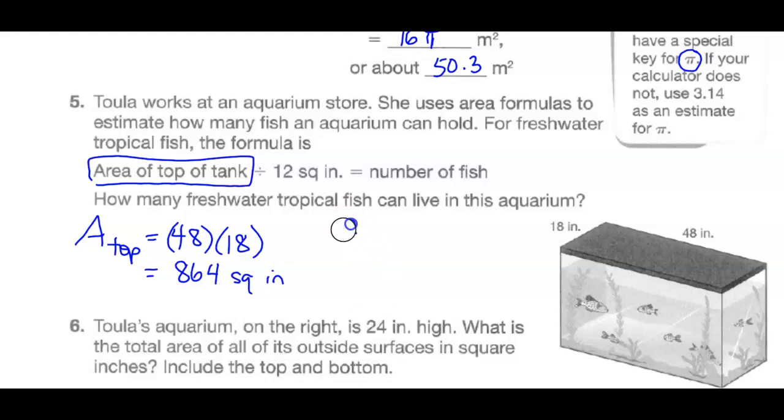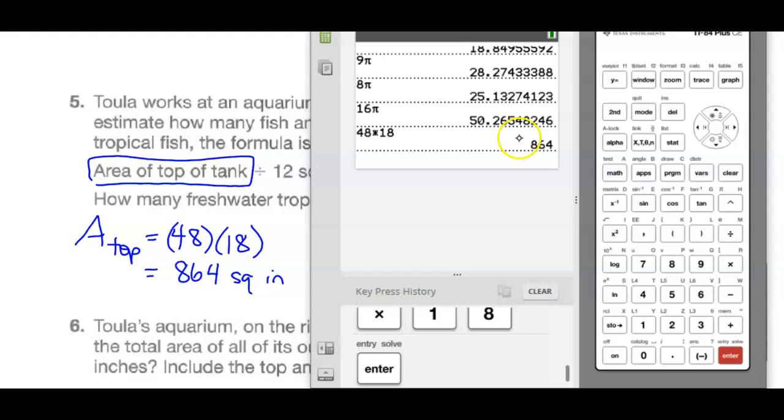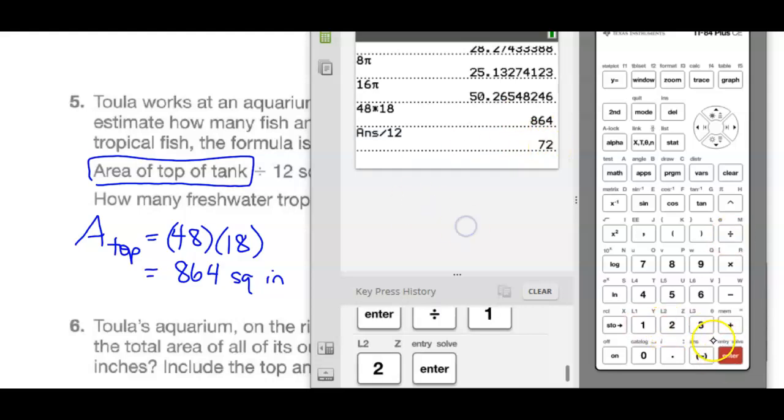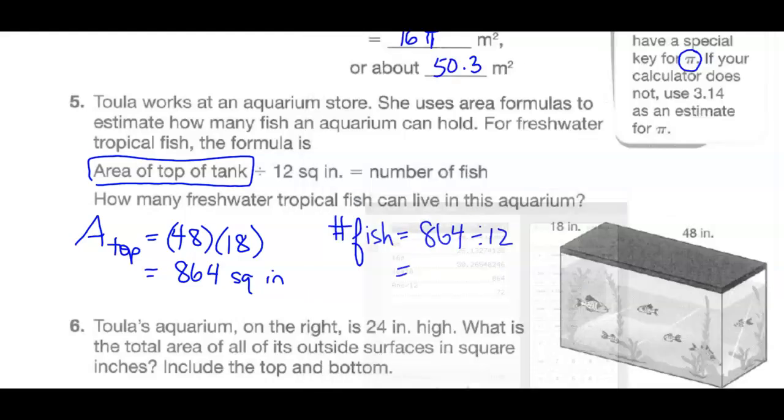So number of fish equals 864 divided by 12. So the 864 is already in my calculator. I'll just go divide by 12, and that's 72. And that would be 72 fish. That's a lot of fish. Probably depends on what kind of fish, right?